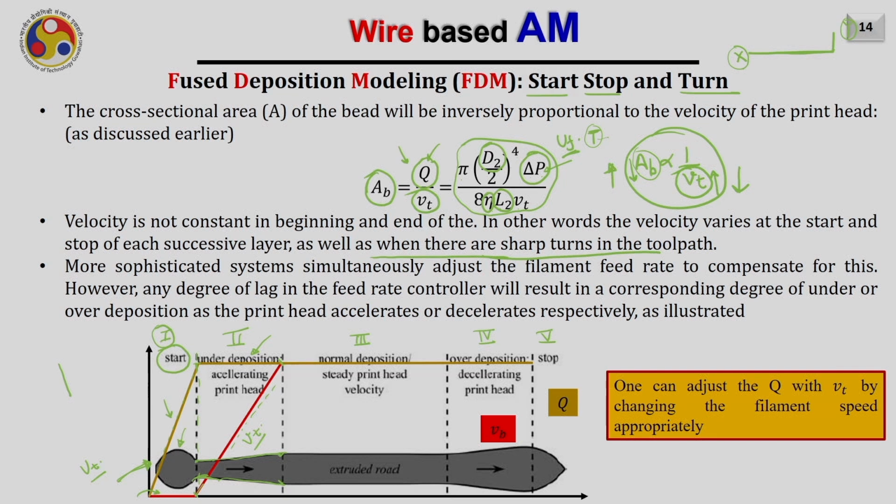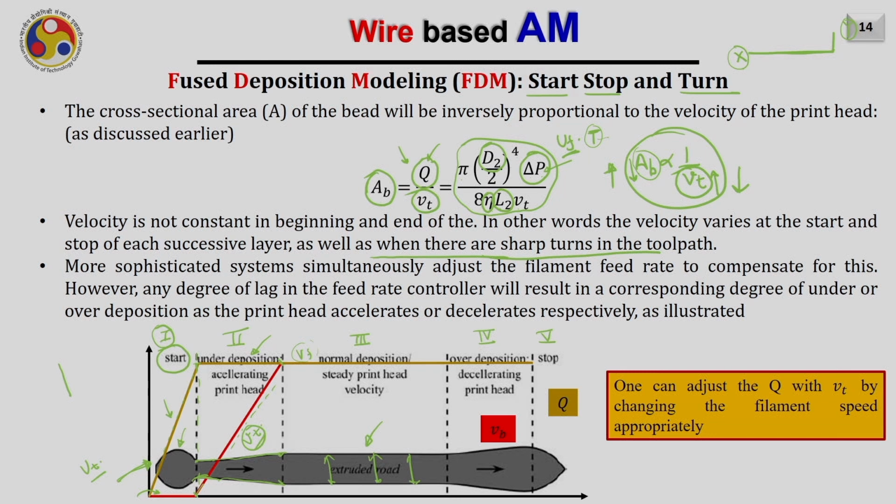After that, the velocity of the traverse and the velocity of the wire feed into the melt pool are both constant, and you will get steady printing. The shape of the bead will not change much; the cross section remains constant everywhere. Now similar issues will occur during deceleration.